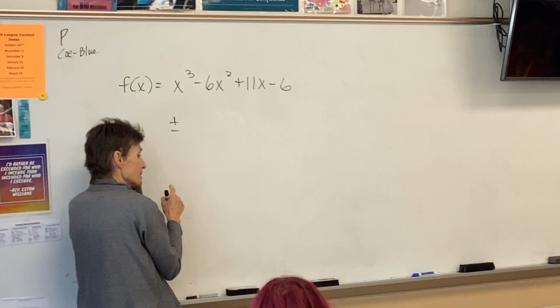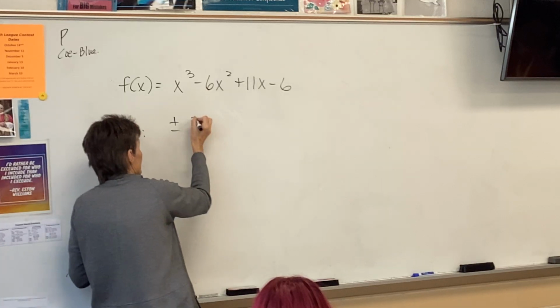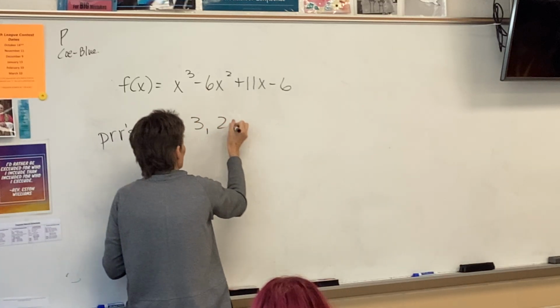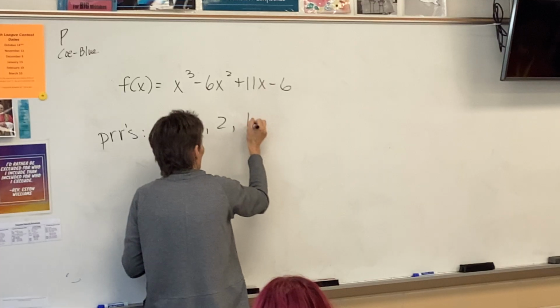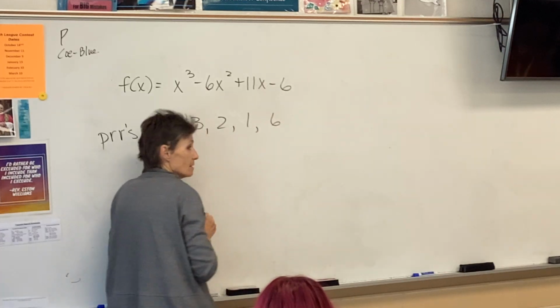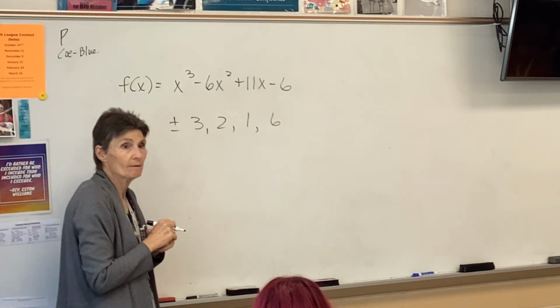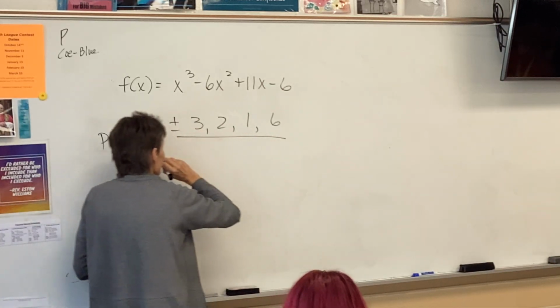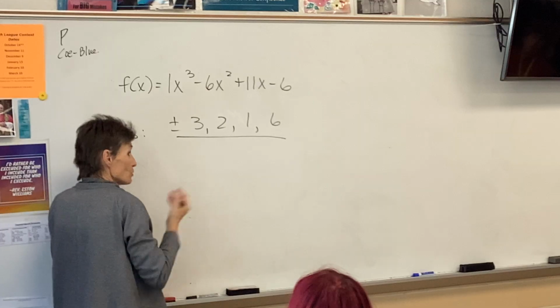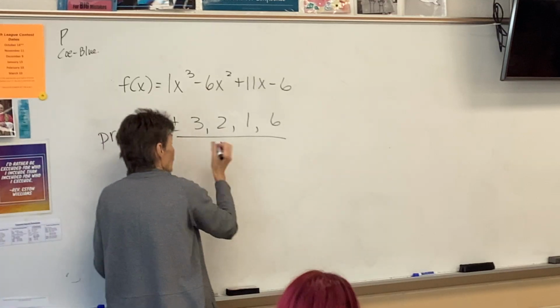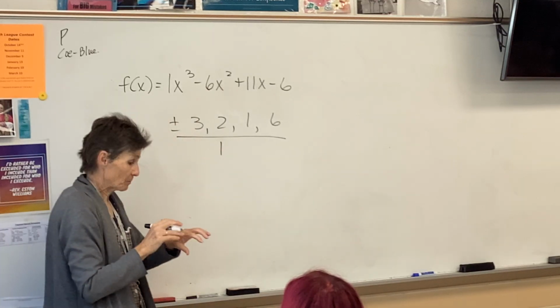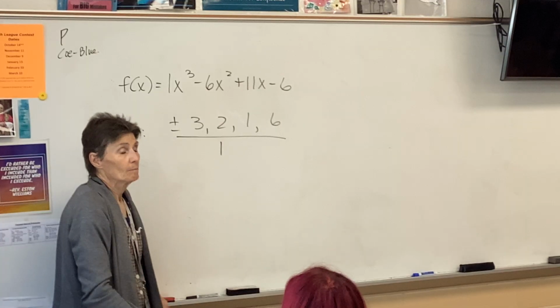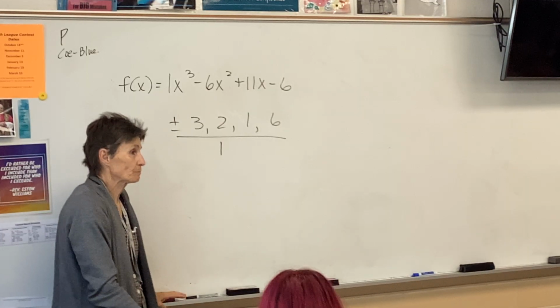Always plus or minus 3, 2, 1, and 6. Those are the factors of 6, over the factors of the first number, which we love it when it's just 1. It doesn't have to be 1, but it is, so we'll take it.